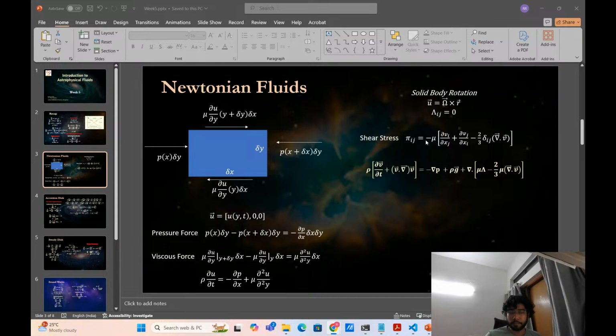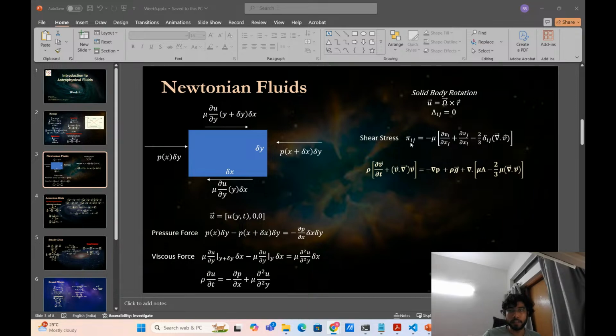Now, in the previous lecture we also saw that this pi ij is a traceless tensor. So this is lambda ij, and in order to make this traceless, we have to subtract the trace, which turns out to be like this, right? And as I said, this is the shear stress.